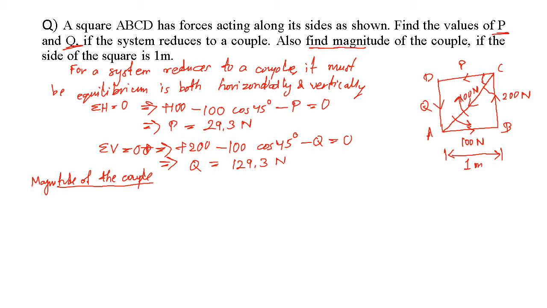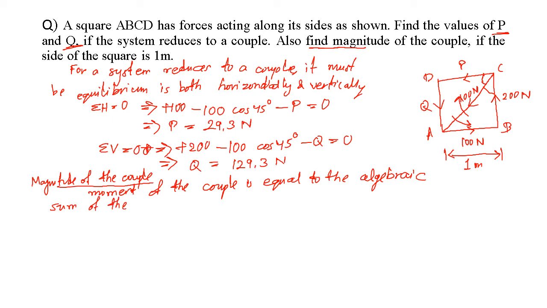Here it is applying. Magnitude of the couple means the moment of the couple is equal to the algebraic sum of the moments about any point.